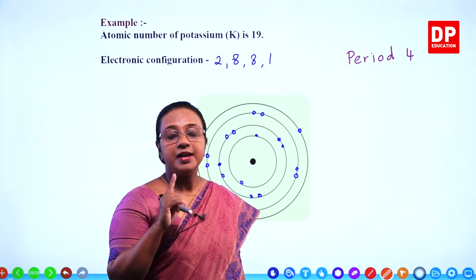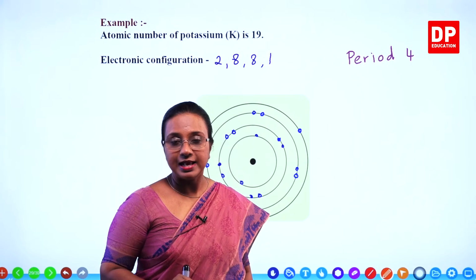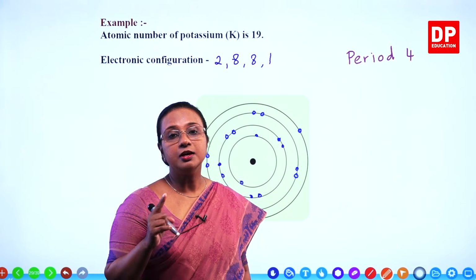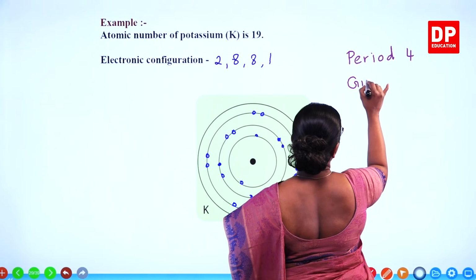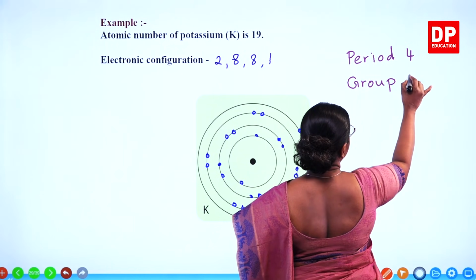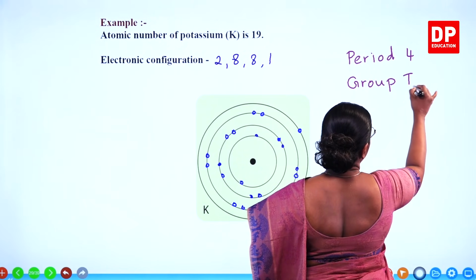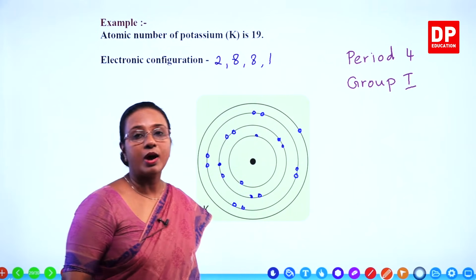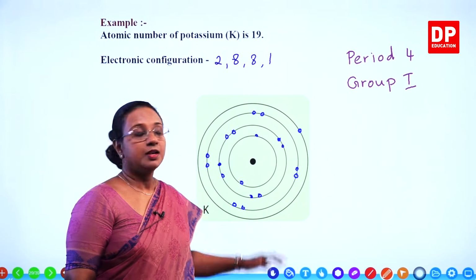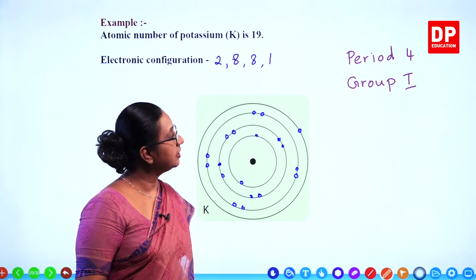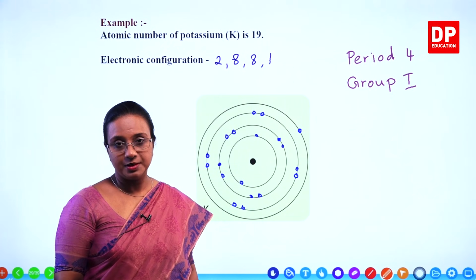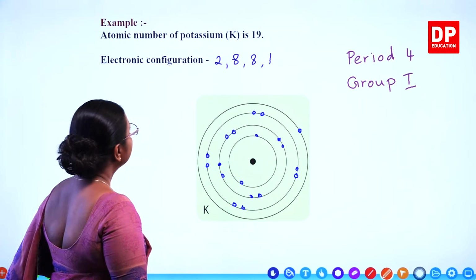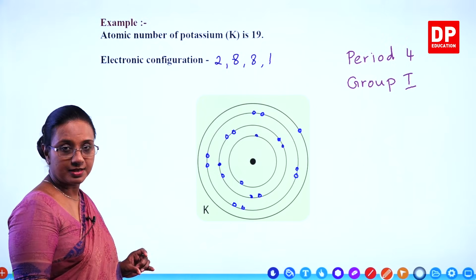Yes, the number of valence electrons is equal to the group number. So here there is only 1 valence electron. That means potassium belongs to group 1. Now you have identified the position of potassium in the periodic table. We will look at another example.